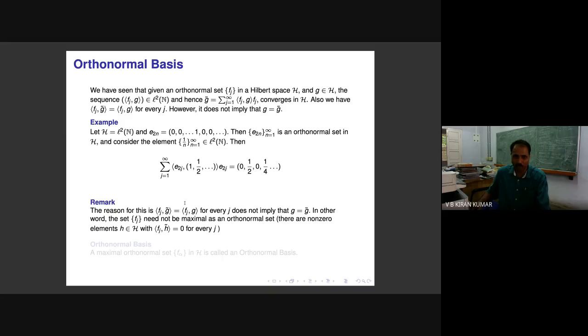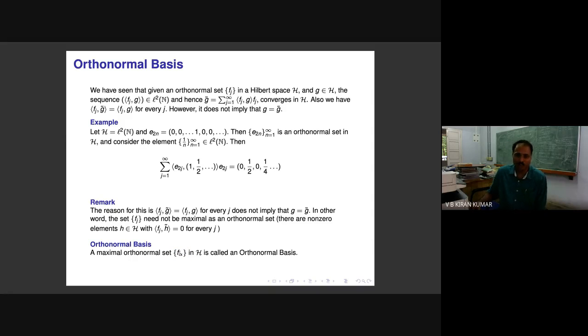That's the problem. So to eradicate that problem, let's consider the notion of an orthonormal basis. What is an orthonormal basis? It is a maximal orthonormal set in a Hilbert space. What do we mean by a maximal orthonormal set? If this set is contained in another orthonormal set, then that set should coincide with this.